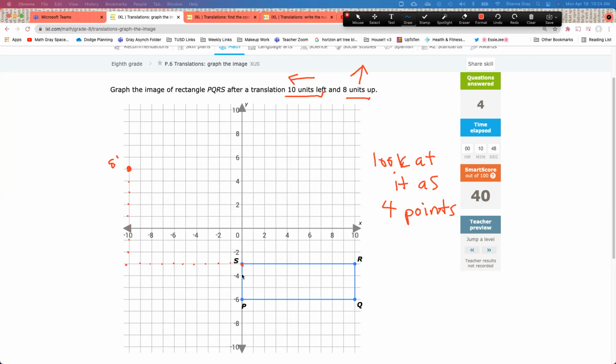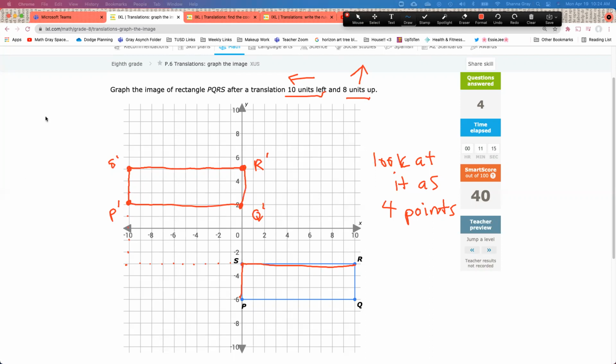But I also know that there's a distance here of 3. So now that I have this point here, I can draw in 3 and count these. So across here, it looks like I have 3, 6, 9, 10, right? We've said that. I'm going to go all the way over 10, and that's going to give me R. So here's R prime. This one is P prime, and that means that here would be Q prime.